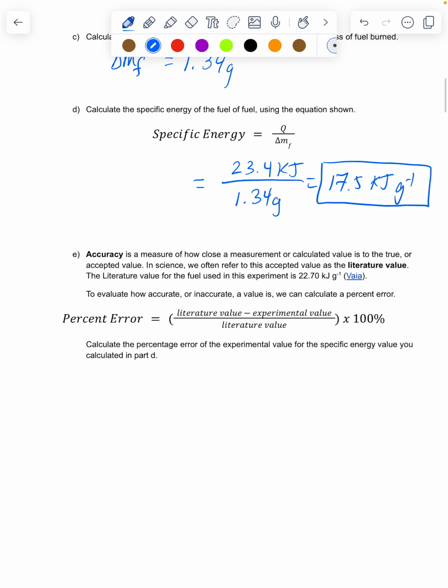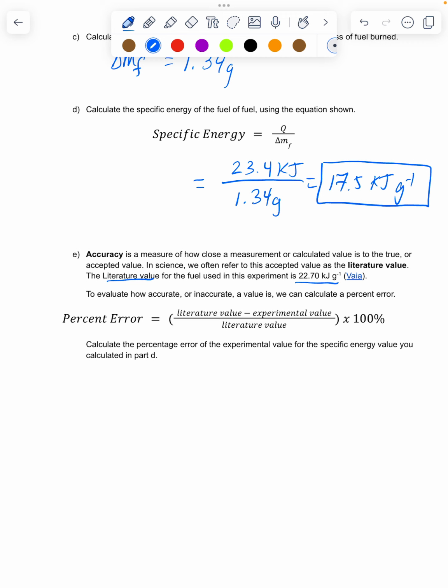Okay, the final thing that you'll really be asked to calculate, or nearly the final thing for now, is a percent error value. Percentage error is a way of quantifying how inaccurate your value is. And in order to calculate that, you need to know what the true value is. In science, we often call the true value or the accepted value for something the literature value, because we find it in the literature.